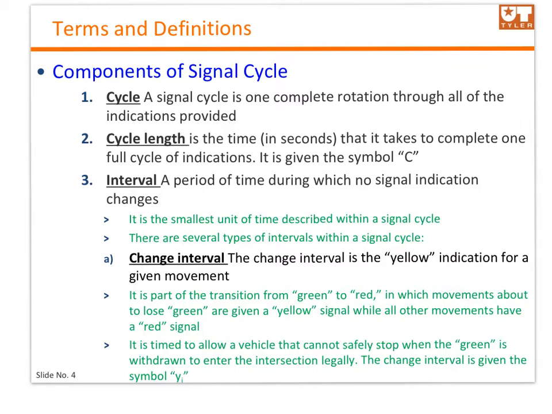This type of interval is timed to allow a vehicle that cannot safely stop when the green is withdrawn to enter the intersection legally, and the change interval is typically given the symbol YI because it's the yellow time.